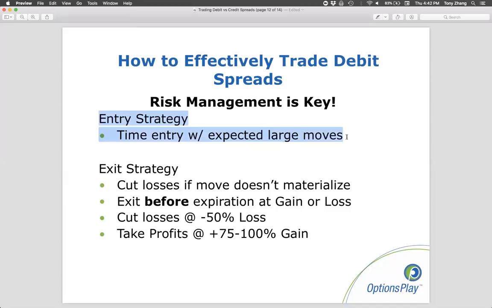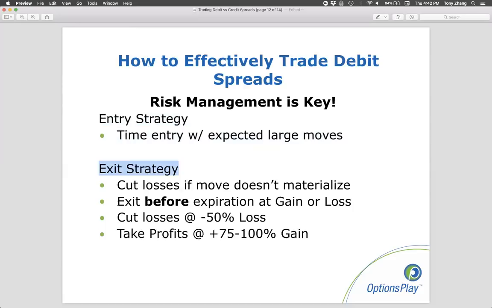Debit spreads tend to be a little easier to manage because the rule of thumb for when you should cut losses and when you should take profits is really, really straightforward. It doesn't matter what strikes, what expiration. It's generally all the same. It's the same rule. And debit spreads is a strategy that you typically want to cut losses or take profits before expiration.